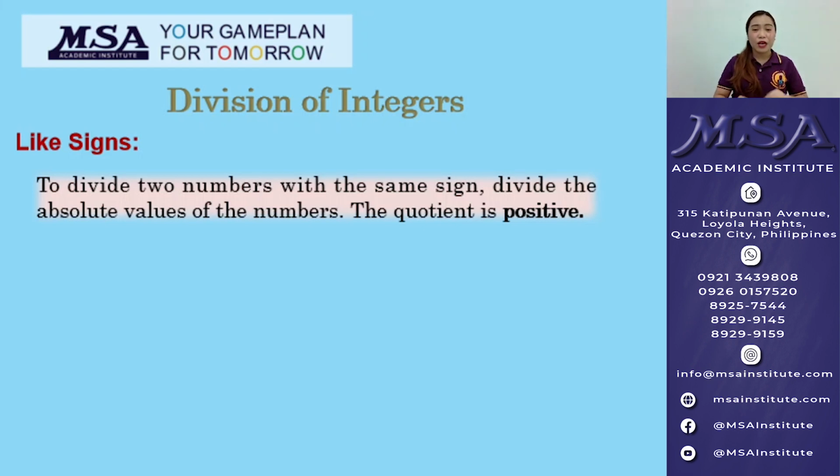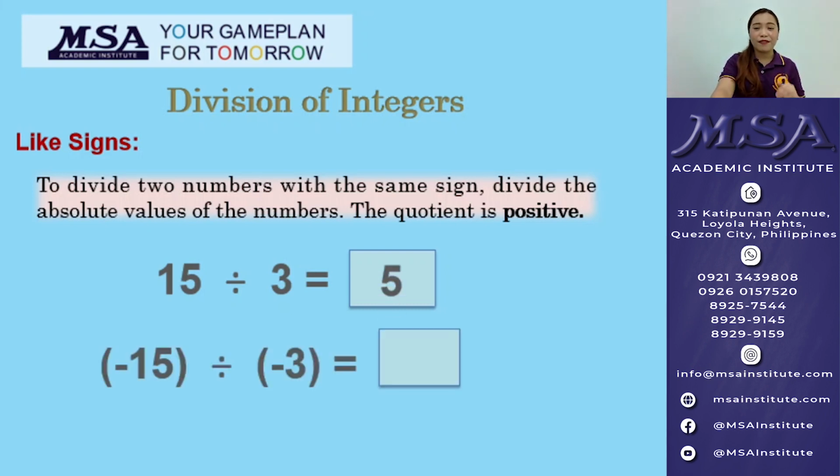So that means when you divide two numbers having the same sign, the quotient is always positive. Example, 15 divided by 3, the quotient is positive 5. And if we have negative 15 divided by negative 3, still the result is positive 5. Alright, because the two integers have the same sign.